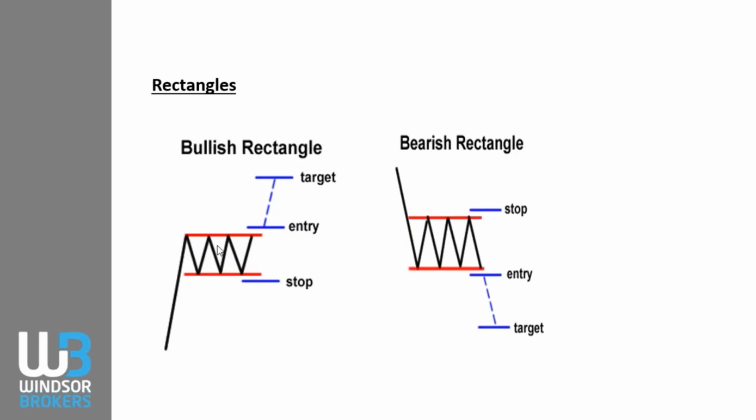So the formation of the rectangle will signal that the trend is going to continue after this consolidation phase. And on the other side, a bearish rectangle appears when the downtrend takes a break. Consolidation is moving within two trend lines, and most likely the existing downtrend is going to continue lower once the consolidation phase is over.